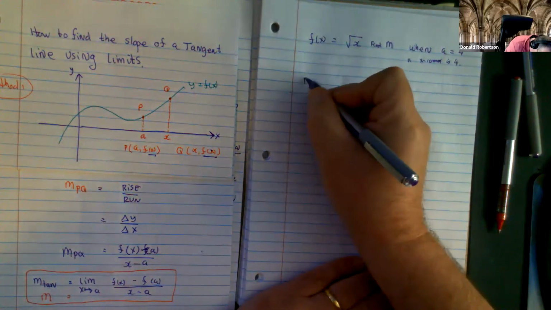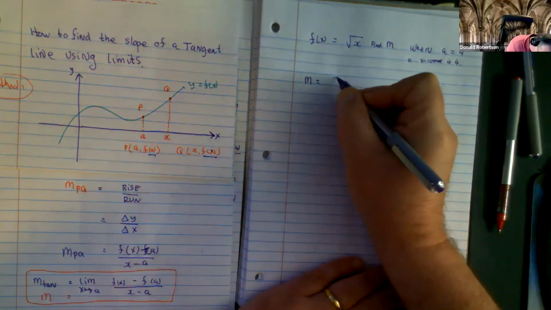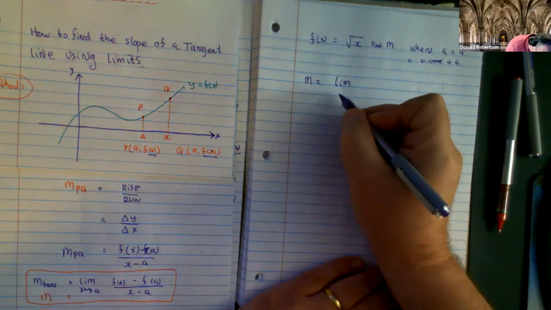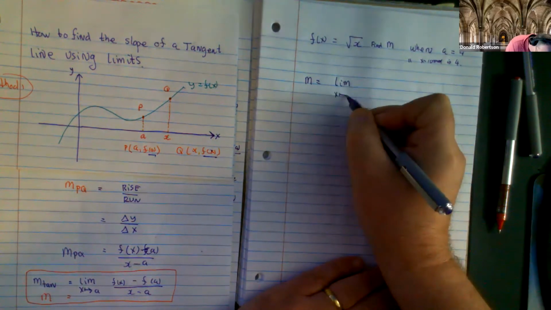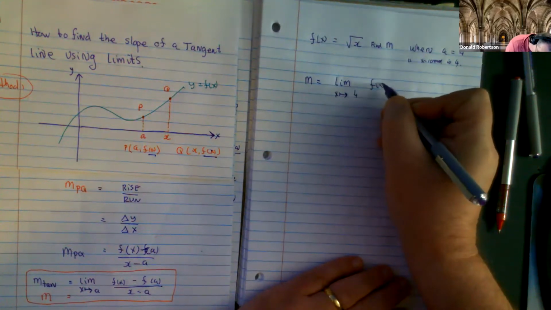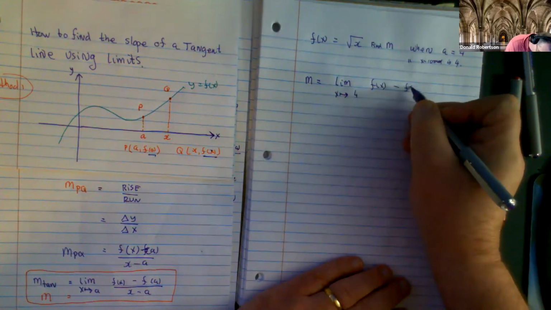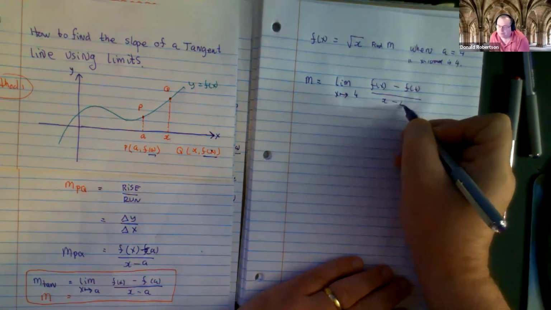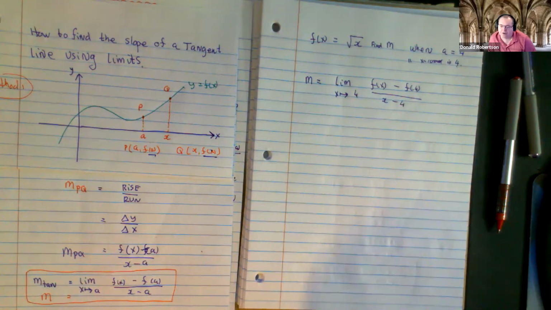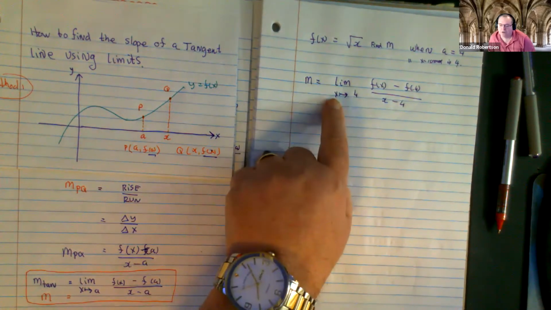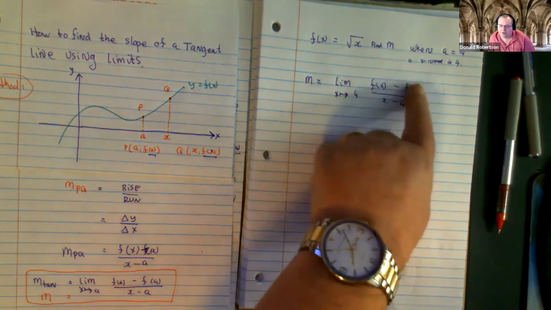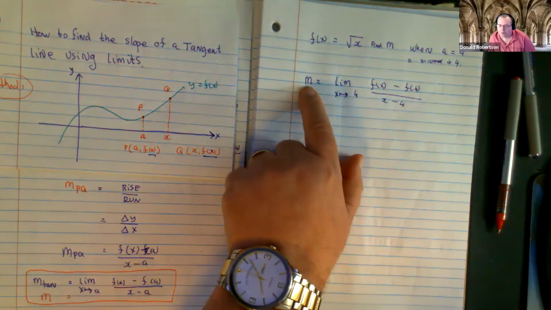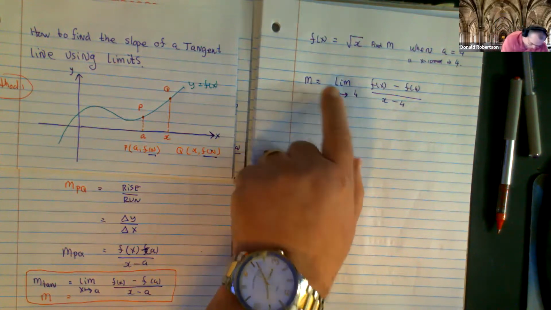Well, the slope of the tangent line m is going to be the limit as x tends to 4 of f of x take away f of 4 over x minus 4. And if I can find the limit as x tends to 4 of this fraction, whatever it equals, and it'll be a number, will be the exact value for the slope of the tangent line.